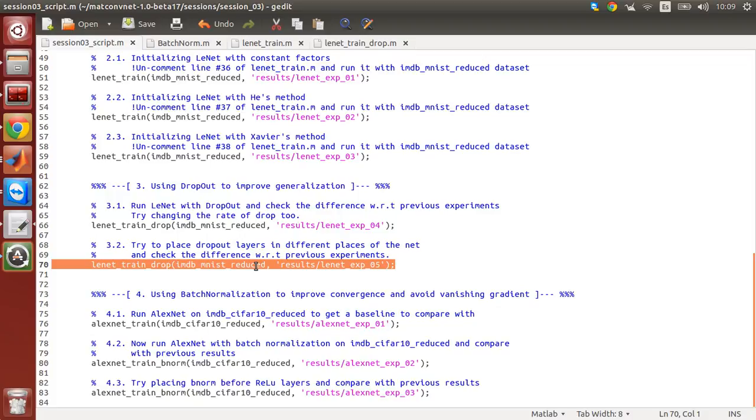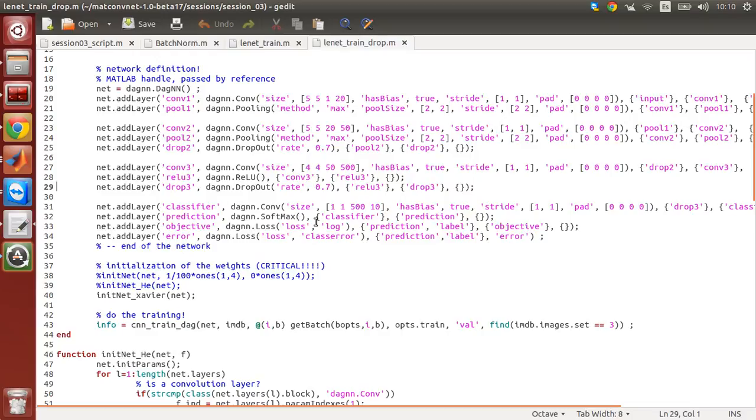What happens if you have just one, or what happens if you have more than two in different places, playing with different rates, what happens if you are more aggressive with the dropout and instead of having 0.5 or 0.7 you have 0.9. So I would like you to play with this for a while, check the results and try to justify why things are the way they are.